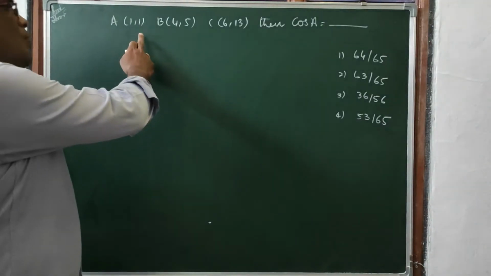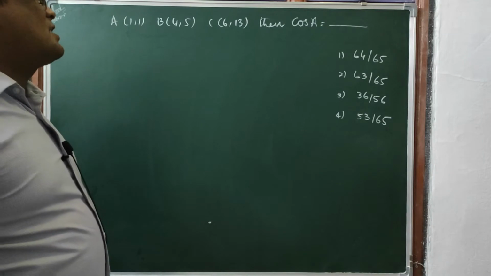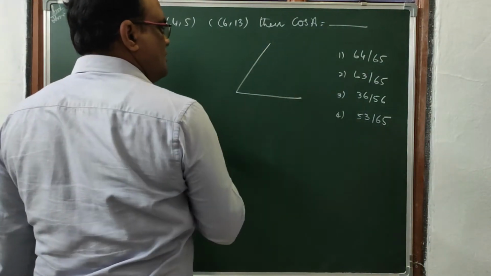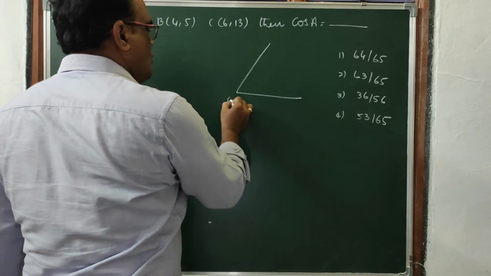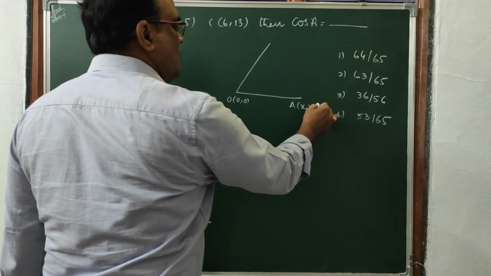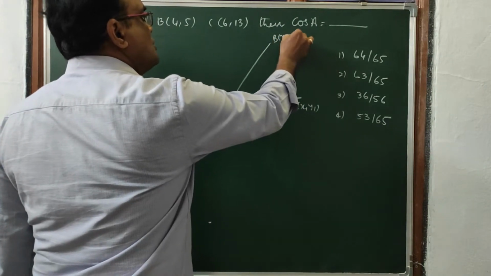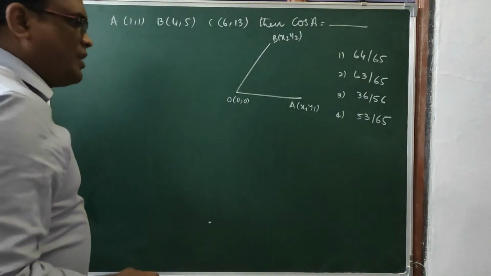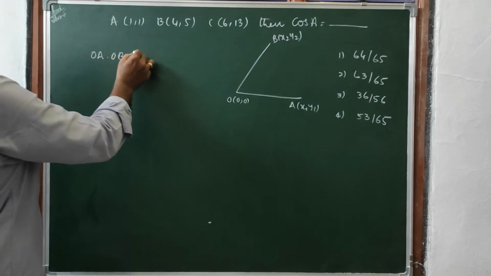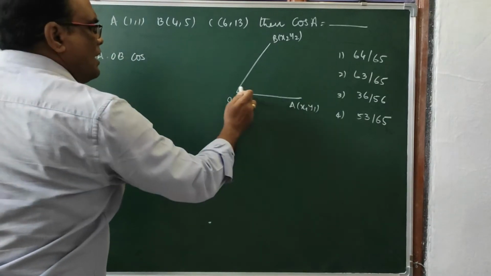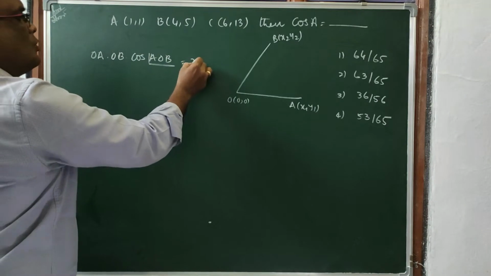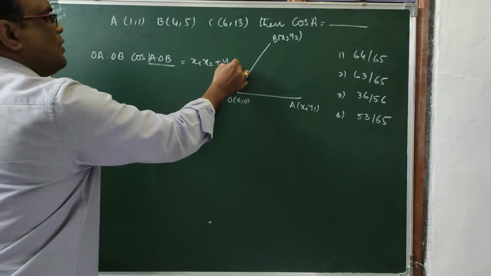Now, A(1, 1), B(4, 5), C(6, 13), then find cos A. Now consider this: we have O(0, 0), A(x1, y1), B(x2, y2). Then we have the formula OA × OB cos angle AOB = x1 x2 + y1 y2.